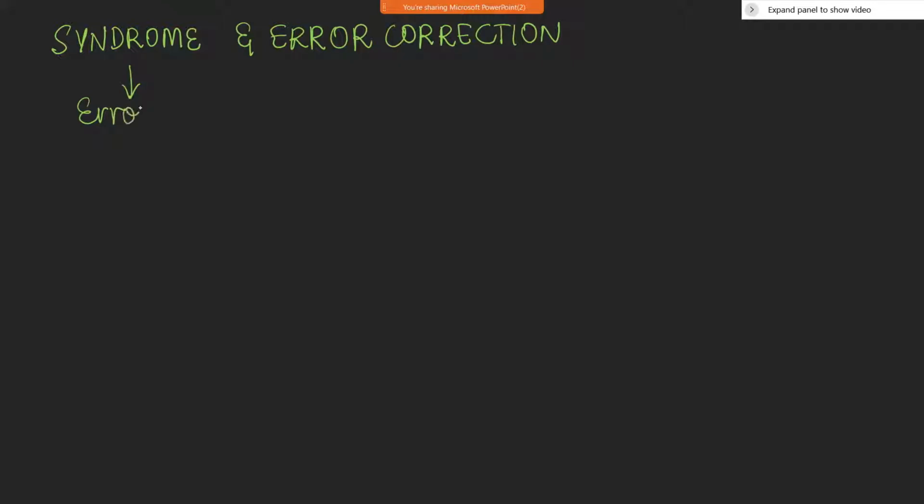So today's topic of discussion will be the syndrome and the error correction process. The syndrome is the process of ensuring error detection. That means we will check whether the code word is in error or not.